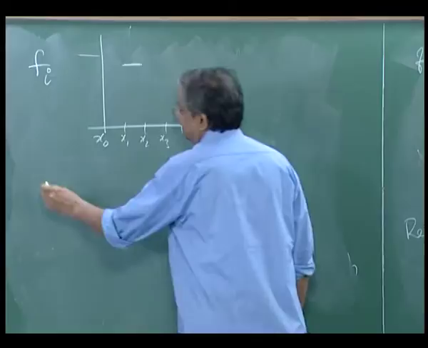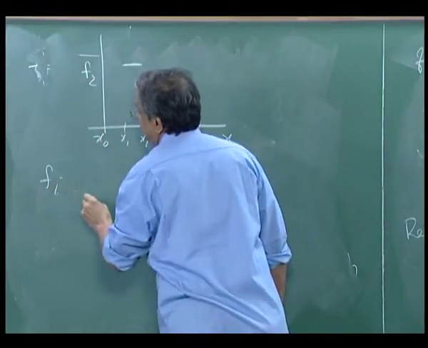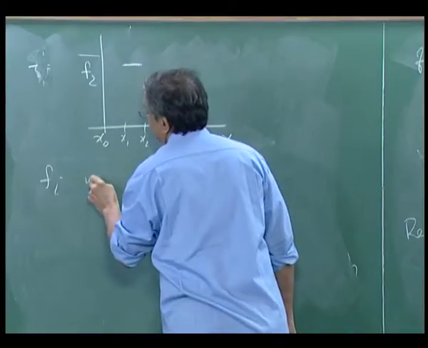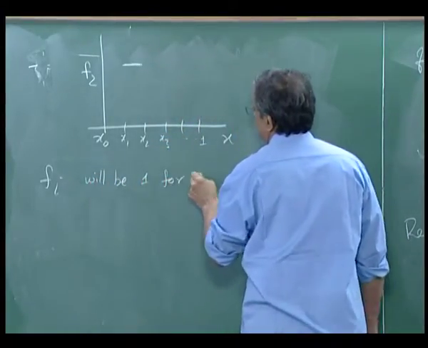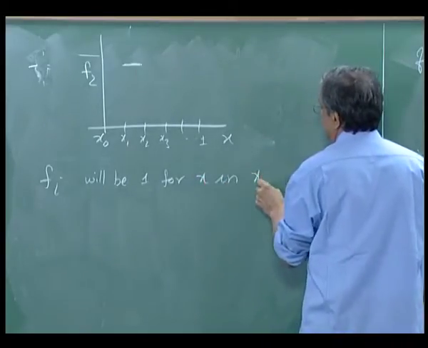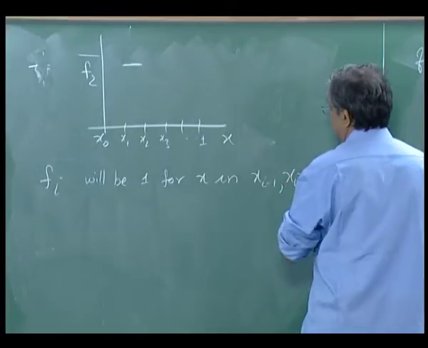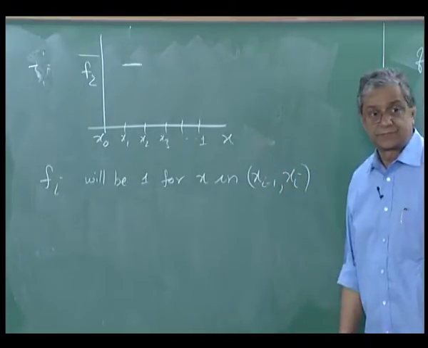The ith function will be 1 for x belonging to xi minus 1 to xi. Okay, is that fine?